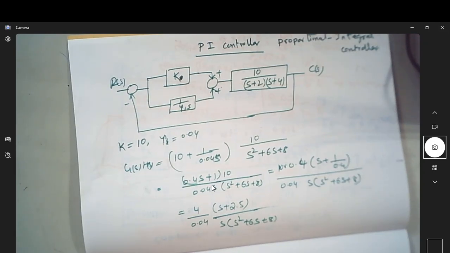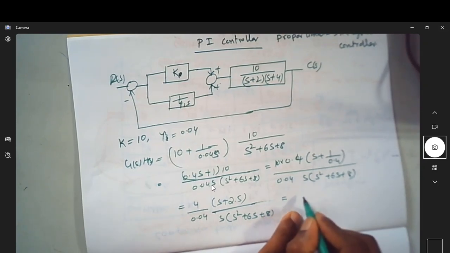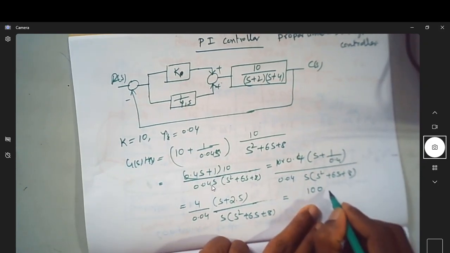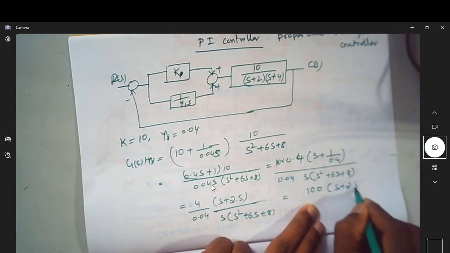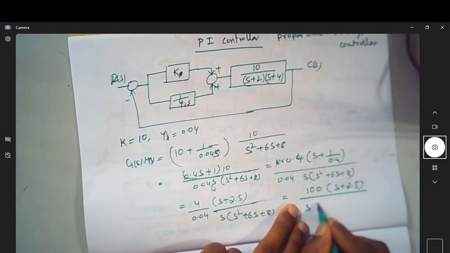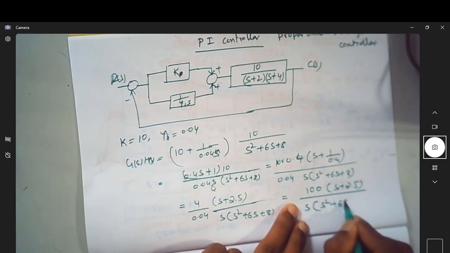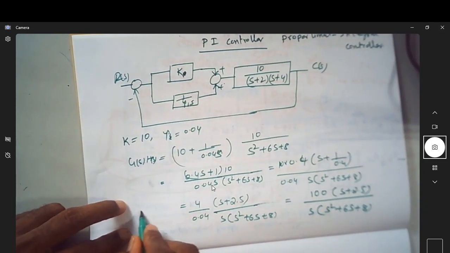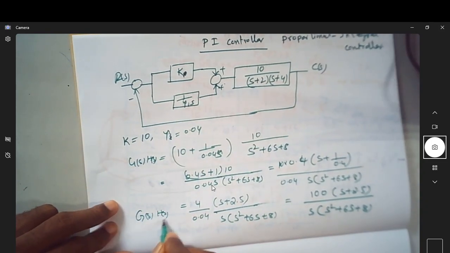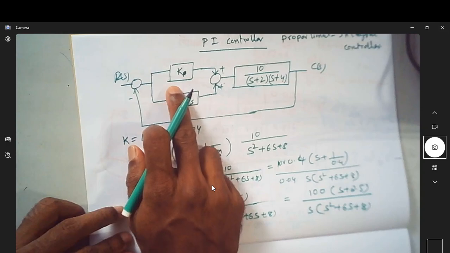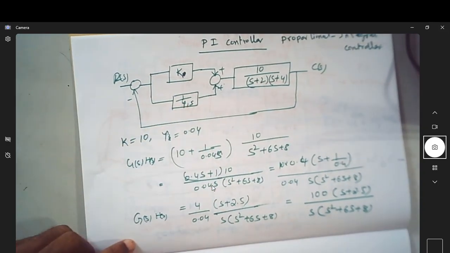Correct? Now I have this g of s into h of s as 100 into s plus 2.5 divided by s into s square plus 6s plus 8. So this is g of s into h of s after introducing the proportional and integral controller.